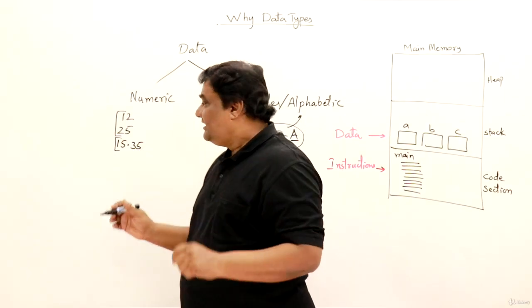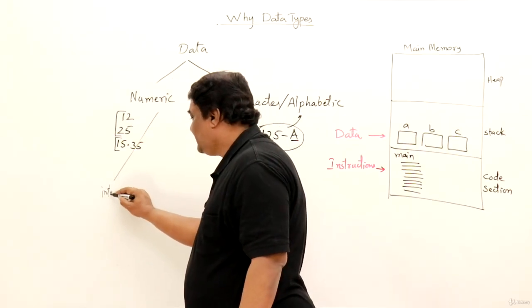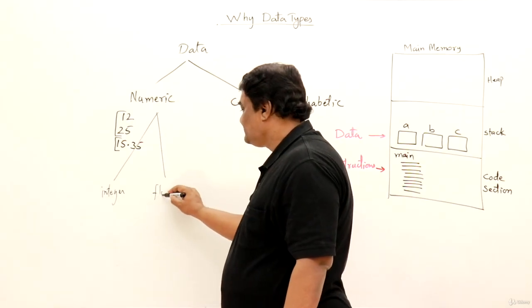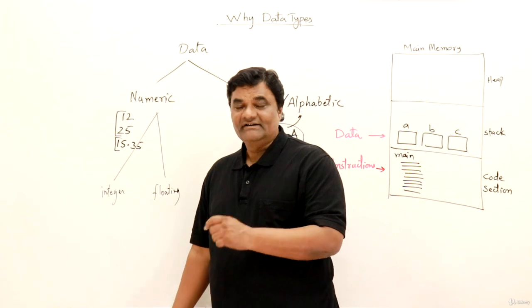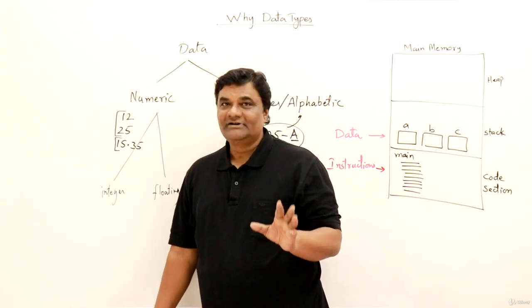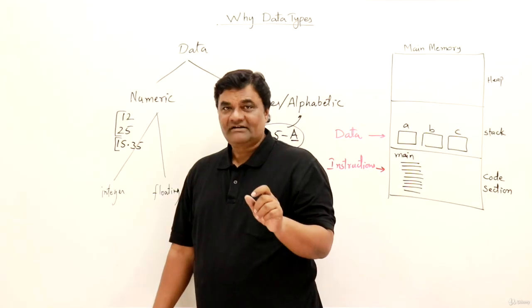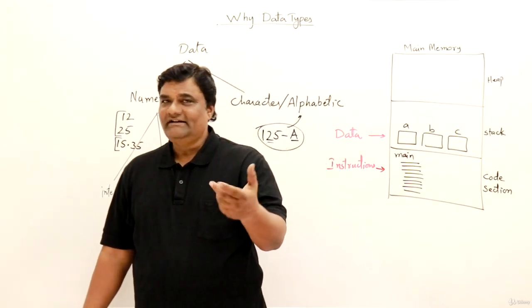So I will categorize these numbers as integer, that is without a decimal, and next is floating point, that is with a decimal. Floating point means decimal only, right? The approach of representing a decimal number is called floating point. You will understand this later.